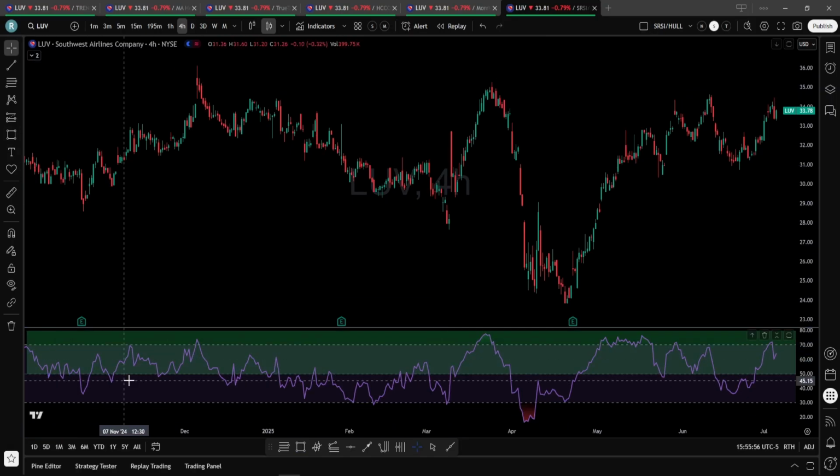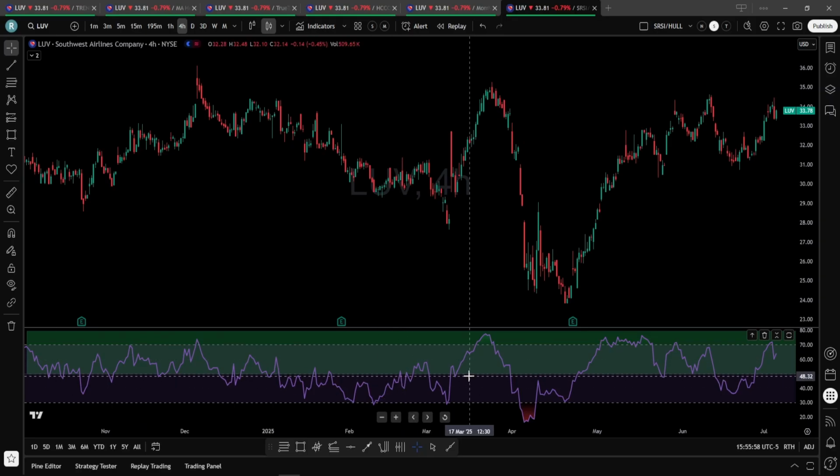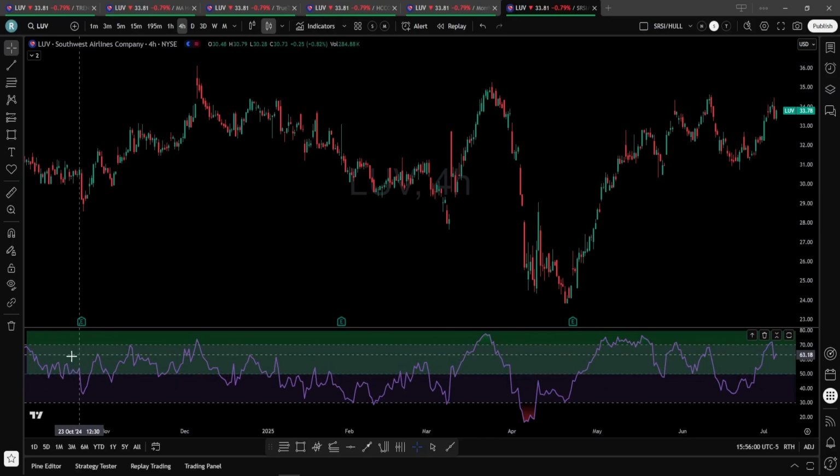In this area right up here at 50 and above, when the RSI line is trading in this zone, this is telling us that the bulls are in control. For example, we can see that the RSI is spending most of its time above the 50 from, say, here all the way to around here.